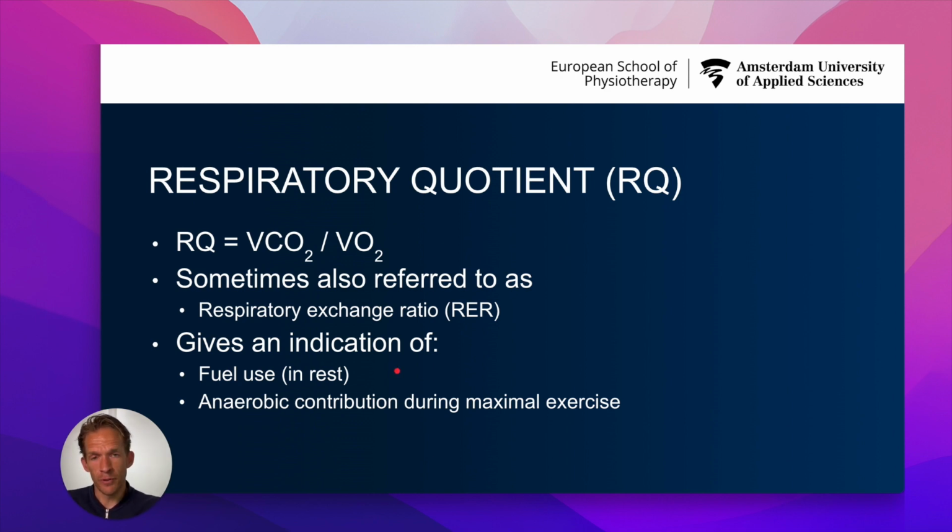And as you hopefully remember from Physiology 1, the RER or RQ will give you an indication of the use of the fuels at rest, because if you're using carbohydrates only as a fuel in the aerobic process, or you would use fats as a fuel, the RER will be different. Also, and that is something that you will definitely get into next year in Physiology 3, the RER will be an indication of maximal exercise. So it can be used as a criterion in the analysis of the results of a maximal exercise test to see if the test was actually maximal or maybe not.